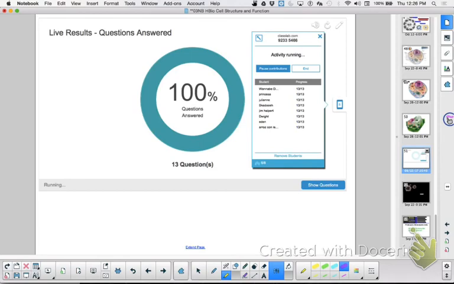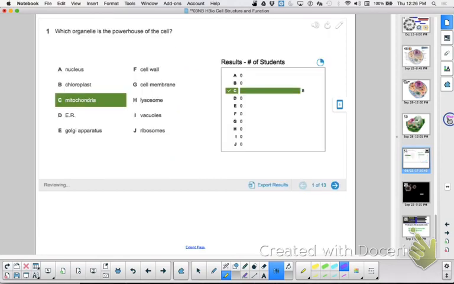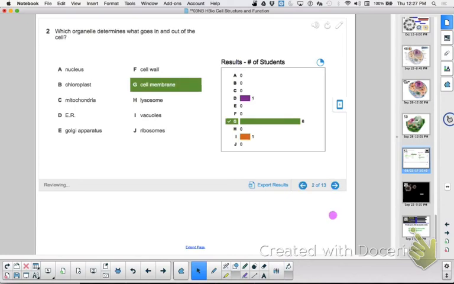Okay, so everybody had a chance to do their questions. I'll read it out loud in case you're watching this at home and can't see it. Which organelle is the powerhouse? That would be the mitochondria. Determines what goes in and out: cell membrane. Somebody missed that.